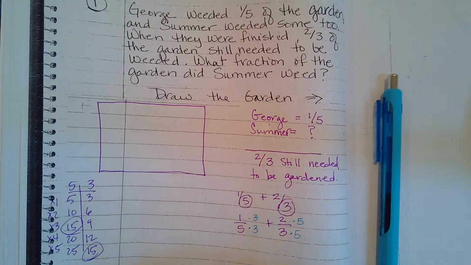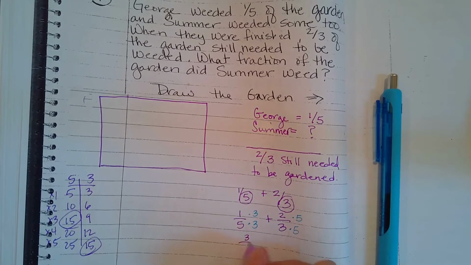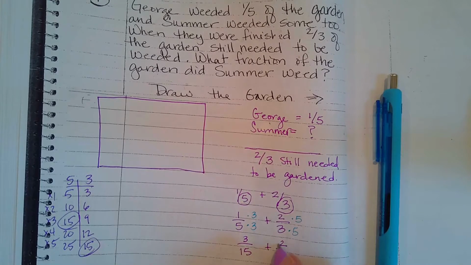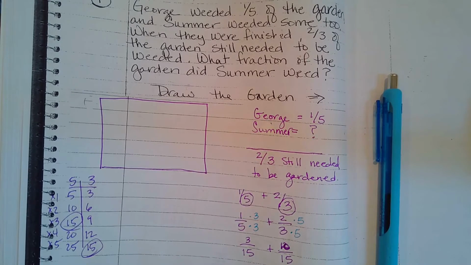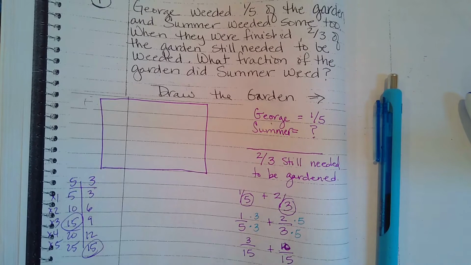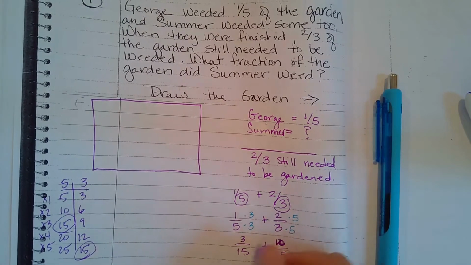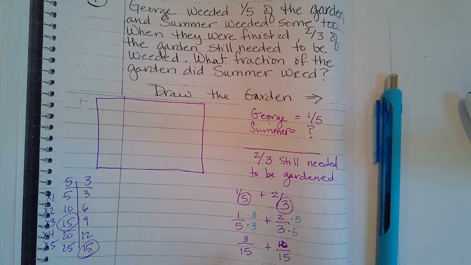And we're going to get 3/15 plus 10/15. That's how much 2/3 of it still needed to be weeded. So now we're trying to figure this out. Okay, so 13/15 now is our total number here.